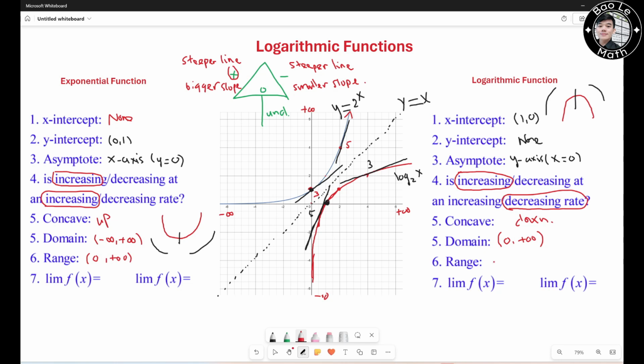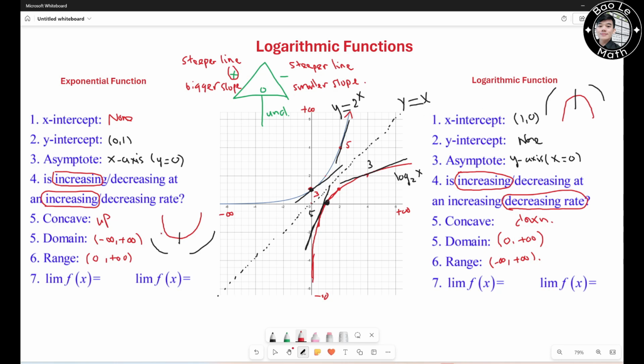Now the range of the logarithmic one is going to be negative infinity to positive infinity, because the graph keeps going up, right, and going down. And you know that because the exponential function and logarithmic function are inverses, the domain of this function will be the range of the other function.